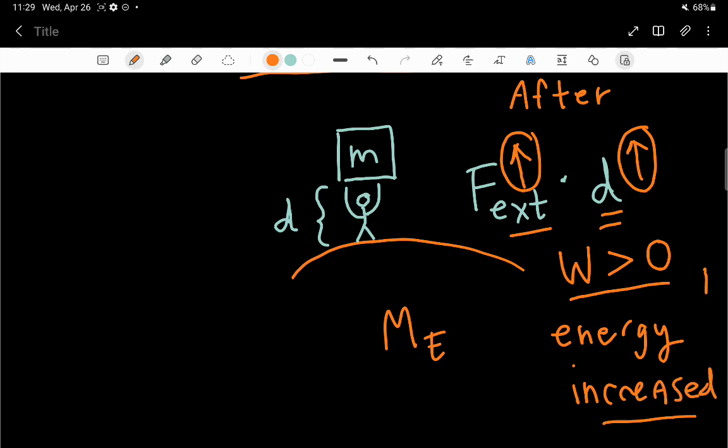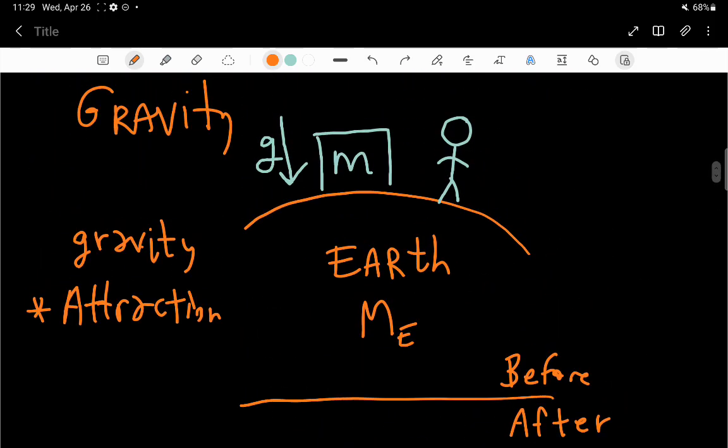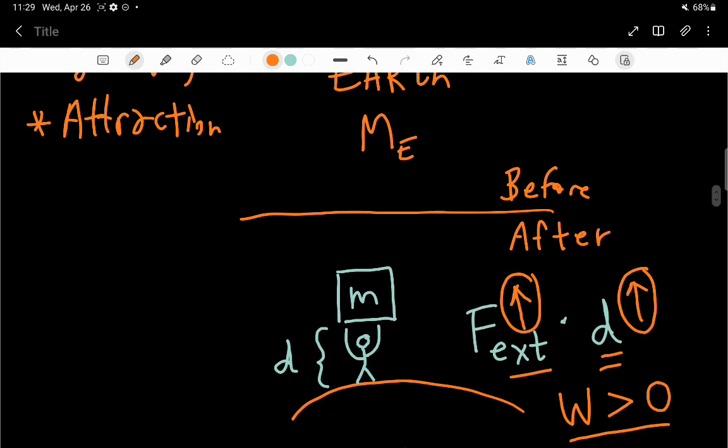And that's how we understand what happened to the box, actually, right? The box used to be close to the Earth, and now the box is further from the Earth, right? And that requires a positive input of work, which causes the gravitational potential energy in our system to have increased. We increase the energy, right? And this particular kind of energy is called potential energy.